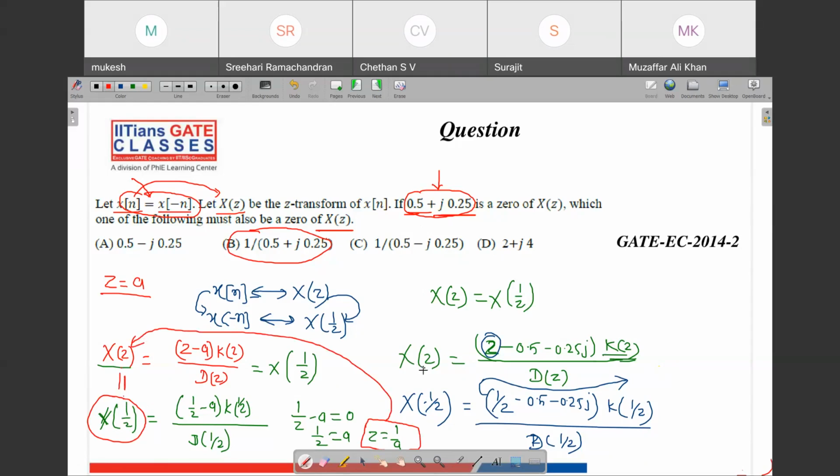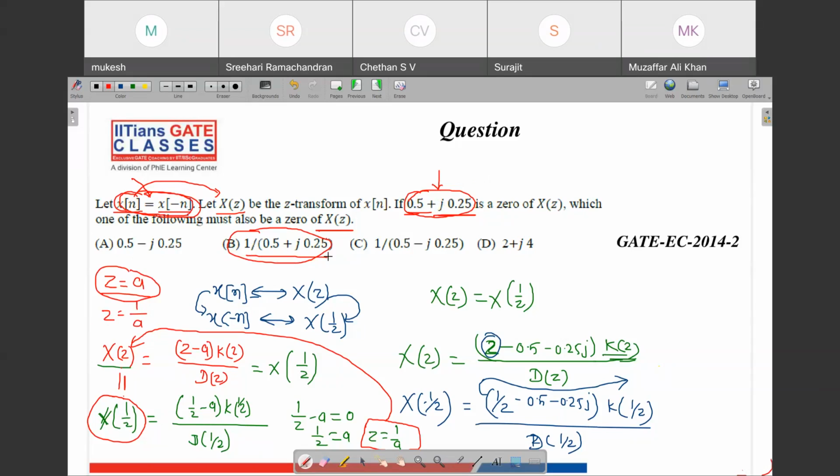So if you have a zero at z equal to a, and it satisfies the criteria that X of n is equal to X of minus n, then it should have another zero at z equal to 1 by a. Based on this, if you have a zero at 0.5 plus j 0.25, you should have another zero at just the inversion of this.